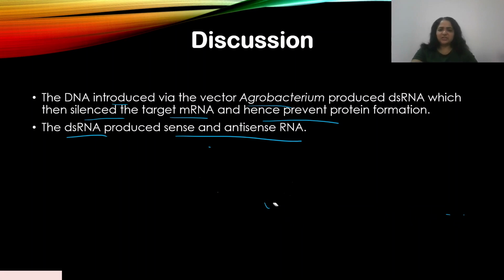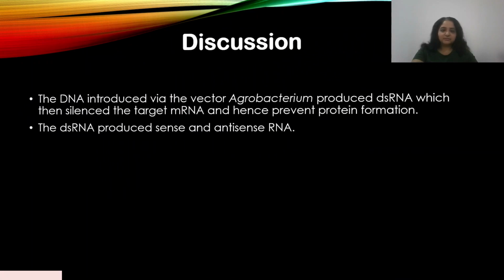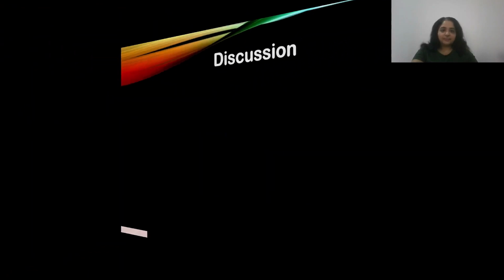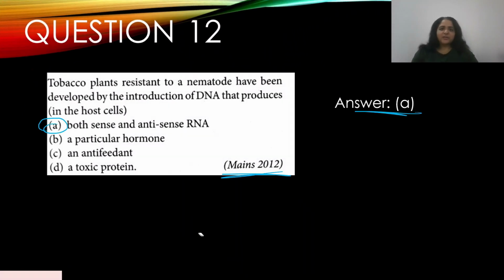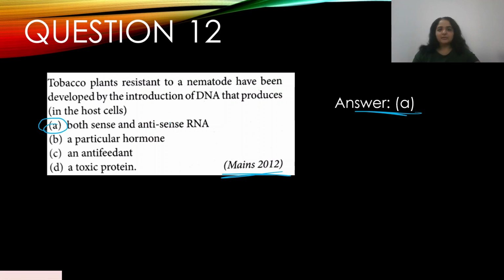To answer your question, it was pretty simple, right? Let's go back to the question. Tobacco plants resistant to nematode have been developed by the introduction of DNA that produces, in the host cell, I love how they frame the question.